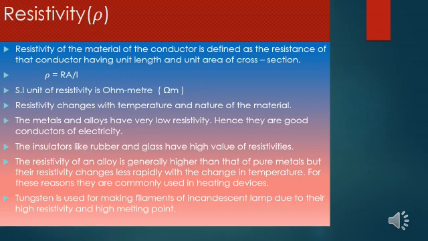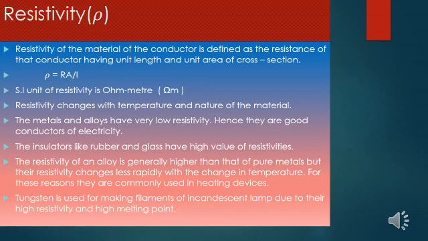Resistivity changes only with temperature and with the nature of the material. Different materials have different resistivity. The metals and alloys have low resistivities, hence they are good conductors of electricity. The insulators like rubber and glass have high values of resistivities.